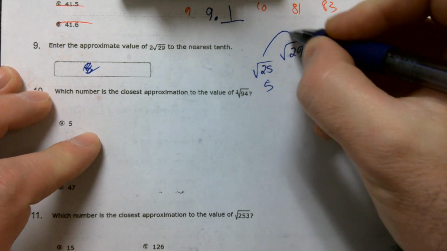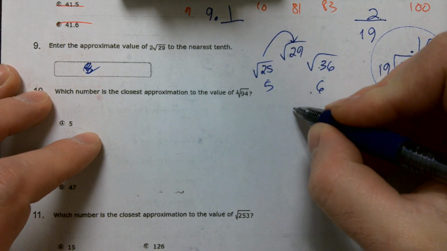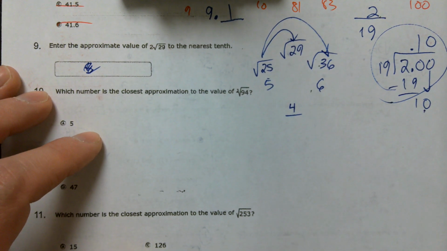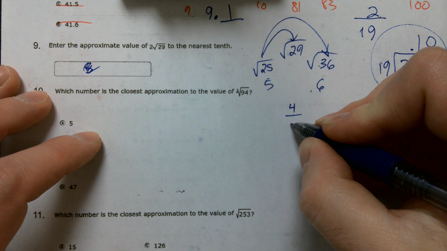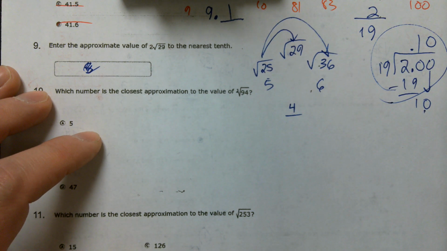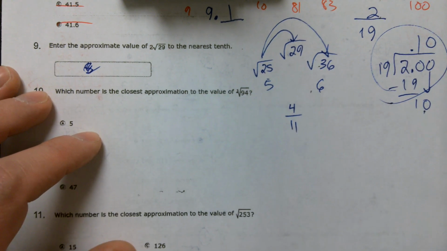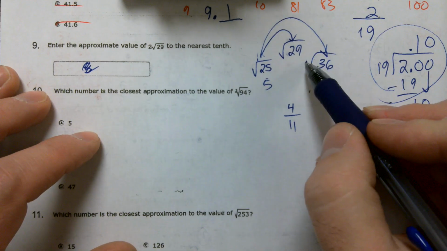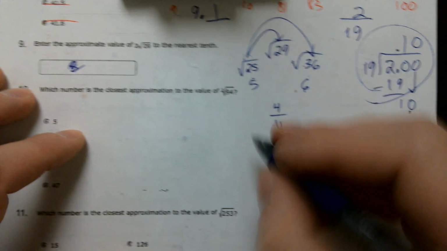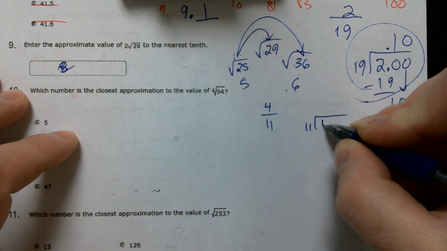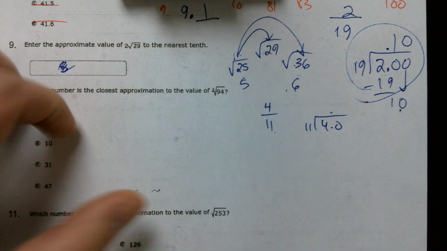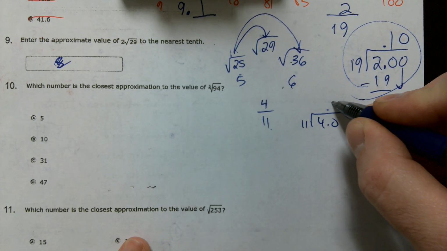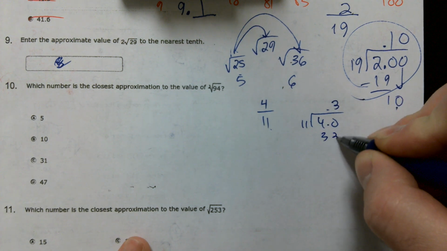How far away from 25 is 29? 4. How far away from 25 is 36? From 25 to 36 is 11, right? Well, let's do 4 divided by 11. How many times would 11 go into 40? 3 times, 33.